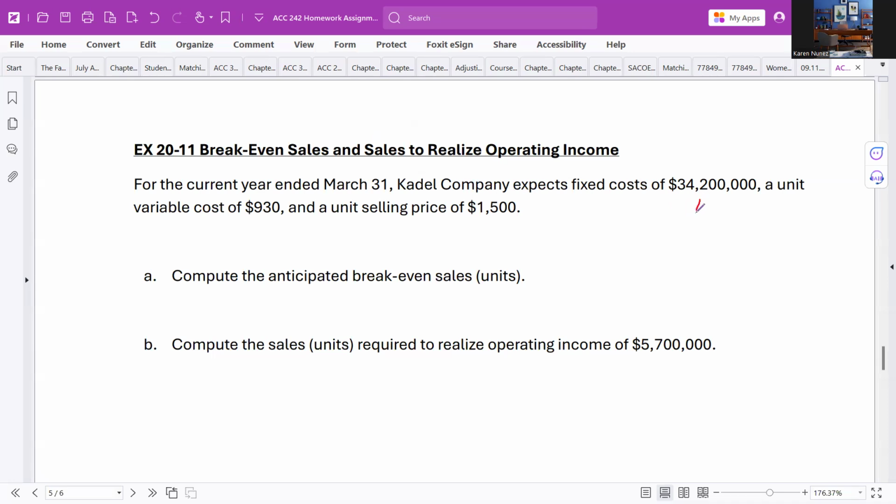We've got some fixed costs, 34,200,000. We've got a variable cost of 930, and we've got a unit selling price of 1,500.